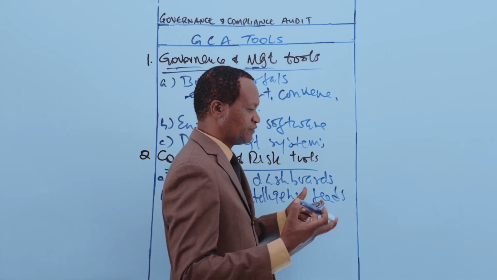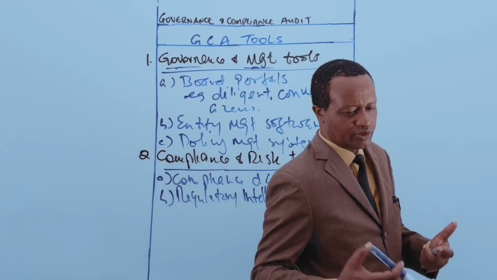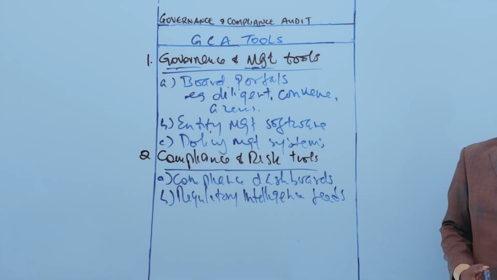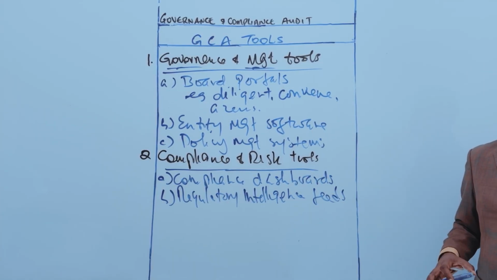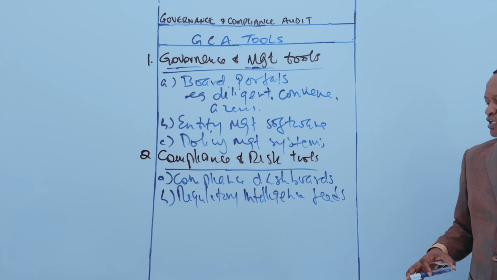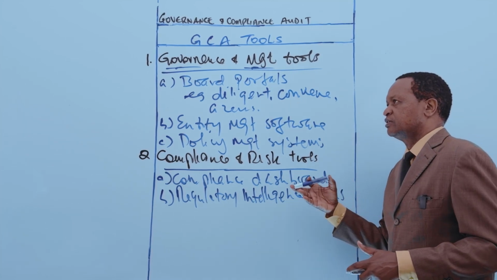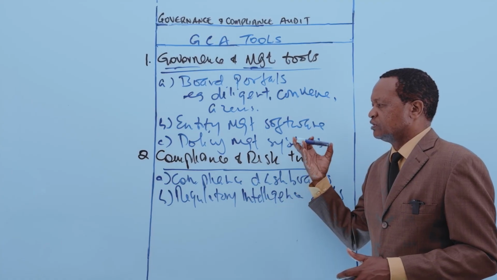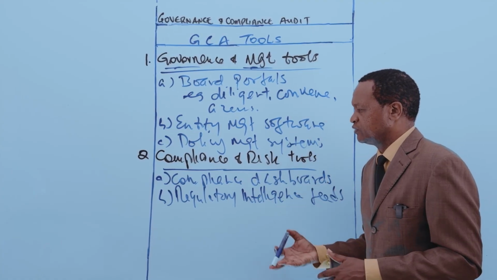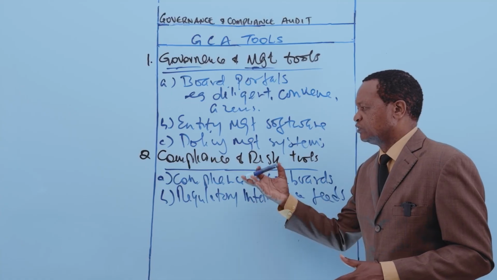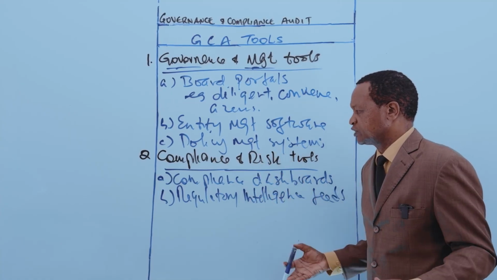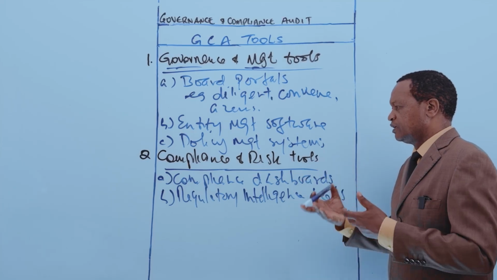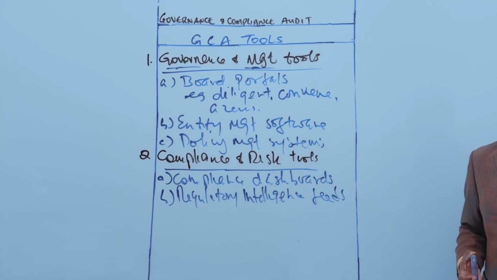Regulatory intelligence alerts the audit team of any changes in regulations automatically. It doesn't have to go check the regulations in government printers or visit the website for the Law Society or other sources. No, this is software that helps to track any changes in laws.